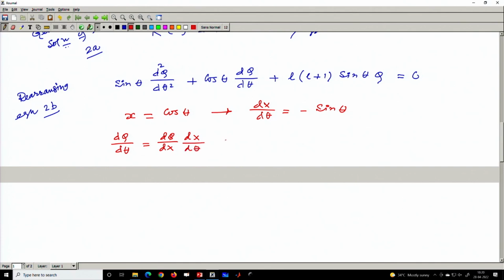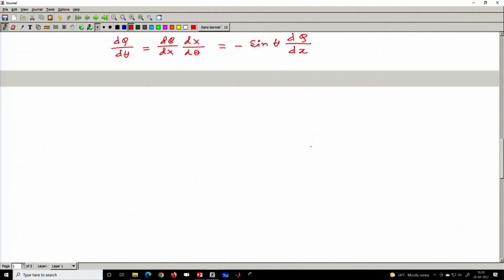Dx d theta is minus sin theta, so minus of sin theta dq dx. So, d2q dx square is simply d of d theta of minus of sin theta dq dx.